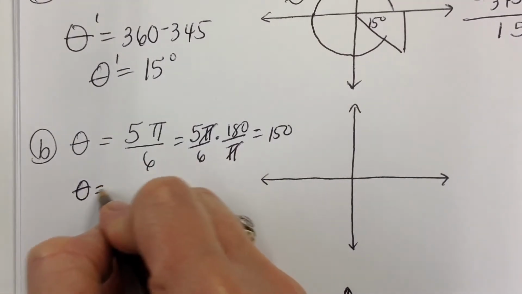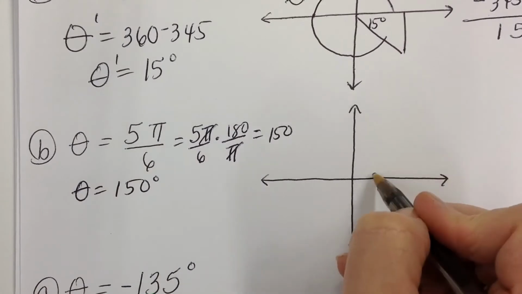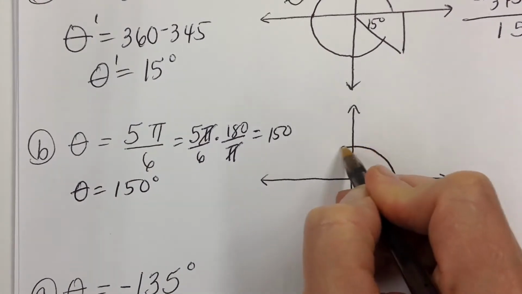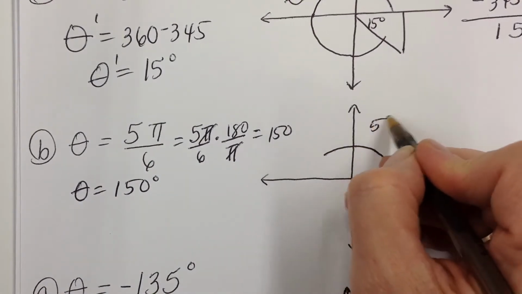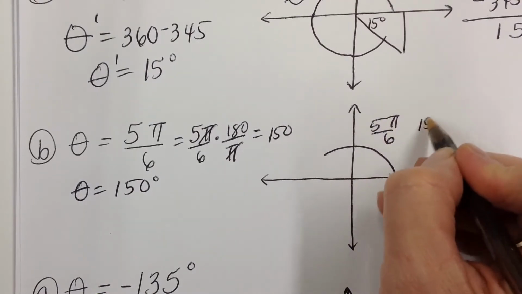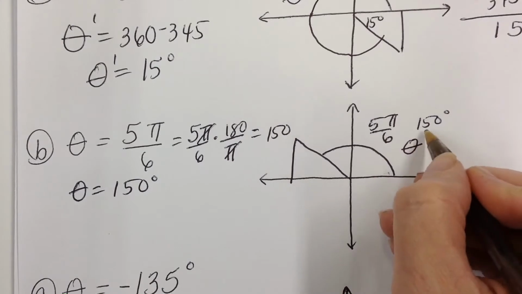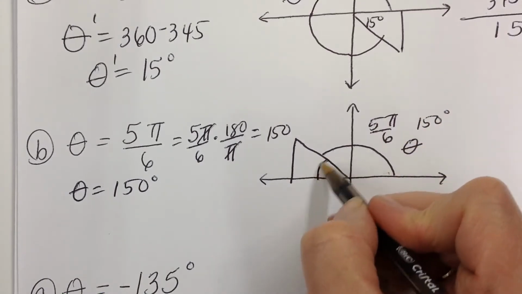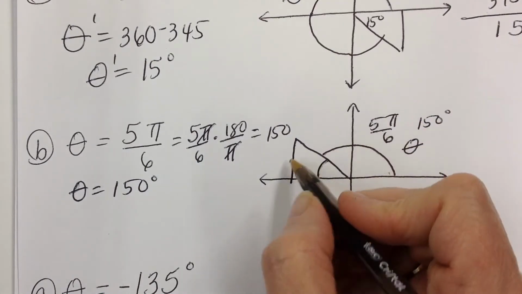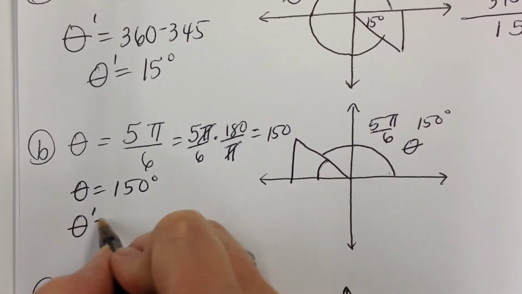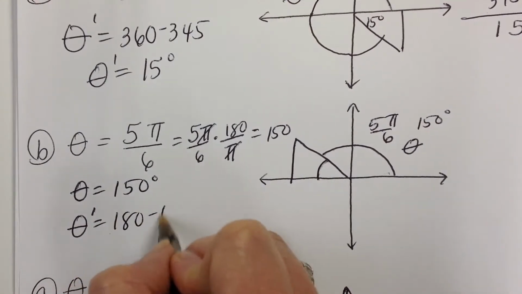So theta is 150 degrees, which is 5 pi over 6. If you draw a 150 degree angle, what is the reference angle? Well, in the second quadrant, to find theta prime, you have to say 180 minus 150.